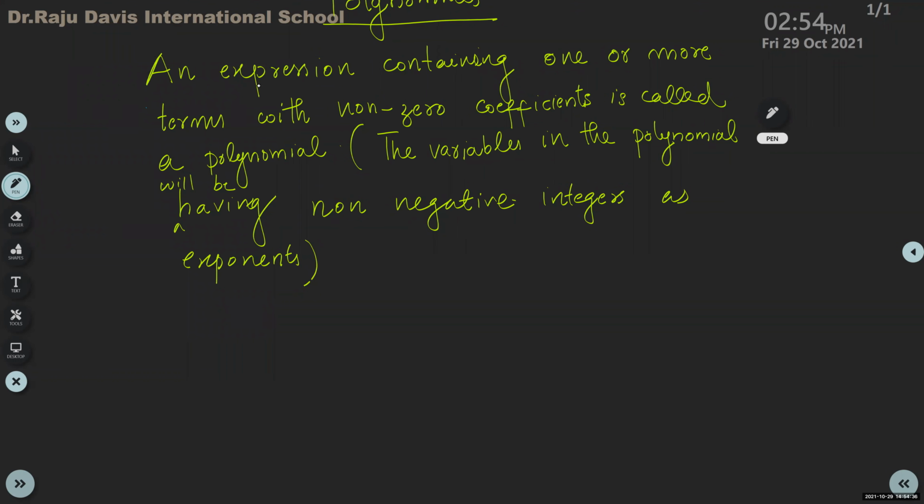Okay, children. I'll give some examples of polynomials. What to write? State whether the following are polynomials or not.